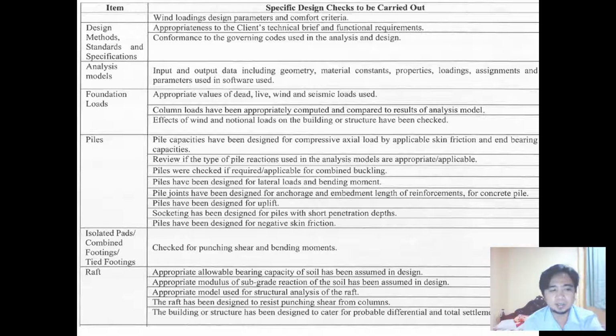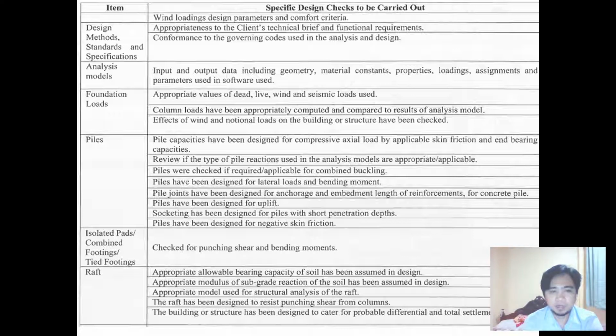So when that happens, usually in between columns, the foundation will eventually combine, and then all of the columns will have a single foundation. Okay, we'll have a single foundation. That is a mat foundation. So there are a lot of checks to be done here, like did you check allowable bearing capacity that has been assumed in the design? Of course, we would like to get the centroid of that one, or the neutral axis.